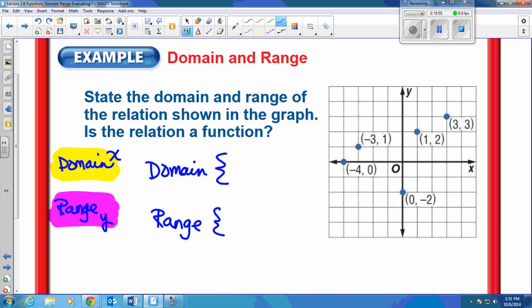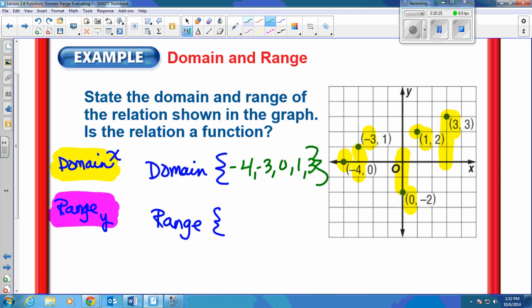An easy way to look at this is I'm going to take my domain highlighter and highlight all the domain values, which are just my x's. Literally, I'm only concerned with where the graph is touching the x-axis. So at -4, at -3, this is an x of 0, 1, and 3. So -4, -3, 0, 1, and 3 are my domain values.